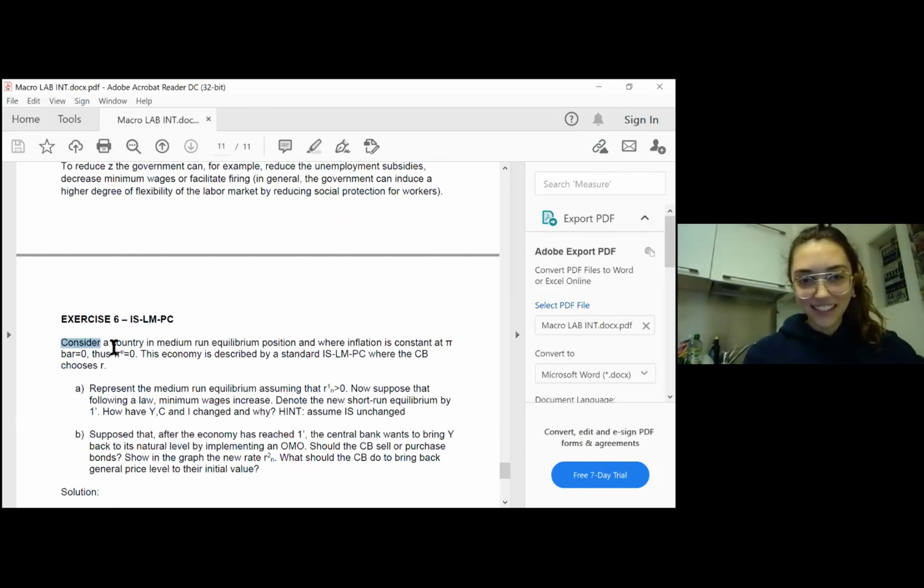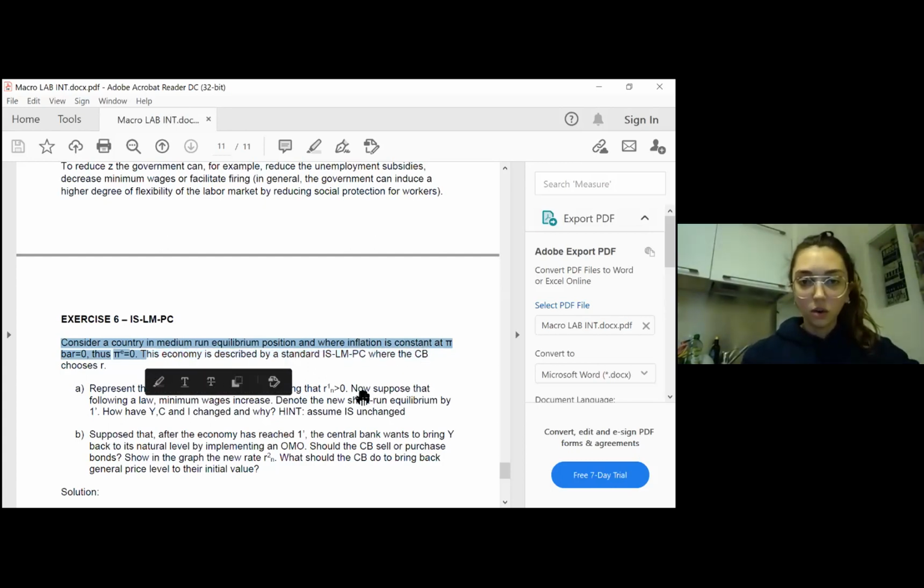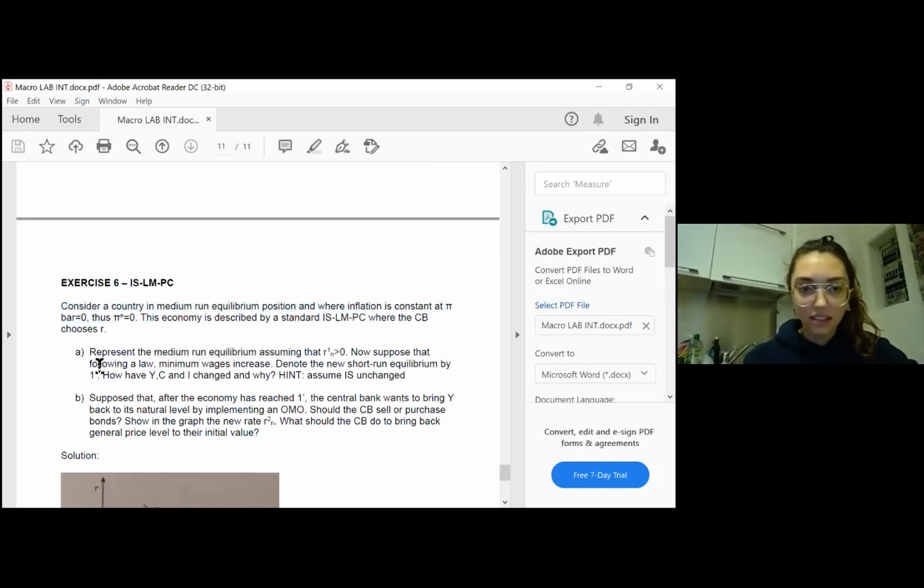So consider a country in medium run equilibrium position where inflation is constant at pi bar equals 0, and thus the expected inflation is also equal to 0. And this economy is described by a standard ISLMPC, but the central bank chooses R. Okie dokie. So what are they asking us? Represent the medium run equilibrium, assuming that R1 is superior to 0.